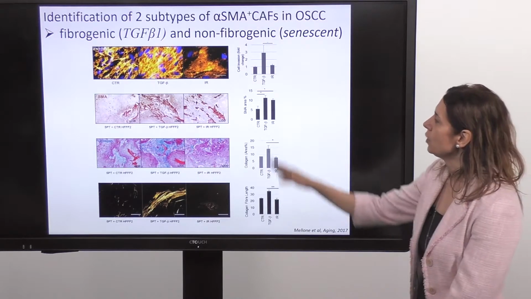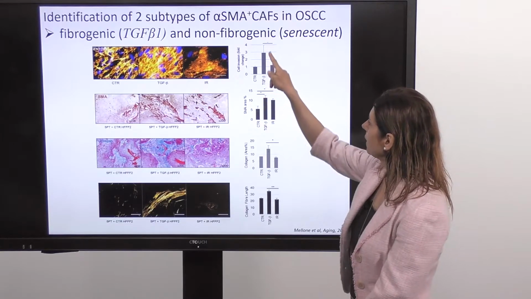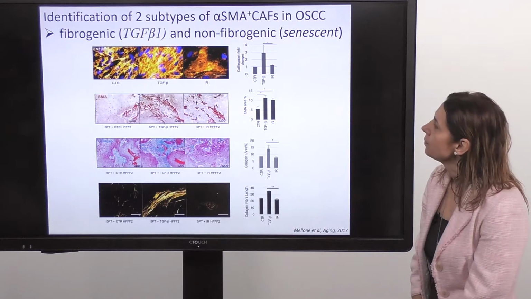And this had an impact on the invasion of cancer cells, as you can see here.